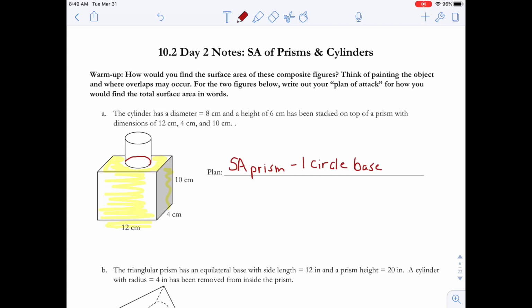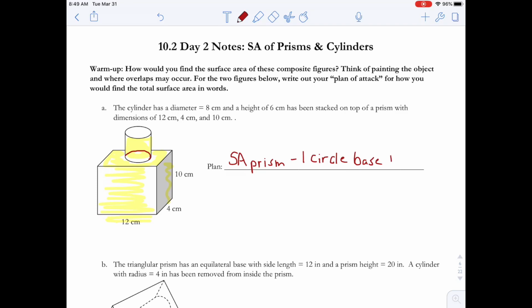And now I'm up to my cylinder. I got to paint around the cylinder. So think about the soup can label. So I got to add the lateral area of the cylinder. And then I got to do one top, only one base.